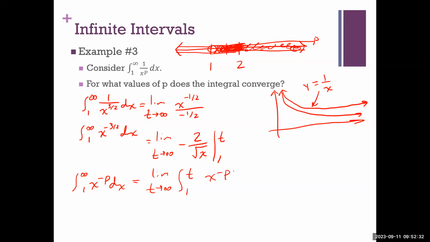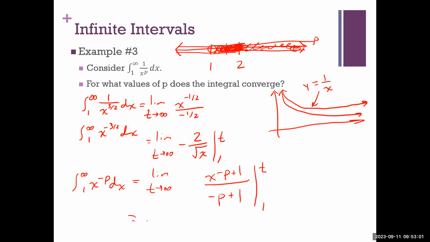The way that we handle these kinds of power rule integrals is no different. It's just that now you're not looking at something as comforting as a number; you're looking at generic p. But the logic is the same. I want to take that exponent, increase it by 1, and then divide by my new exponent, and evaluate that from 1 to t.